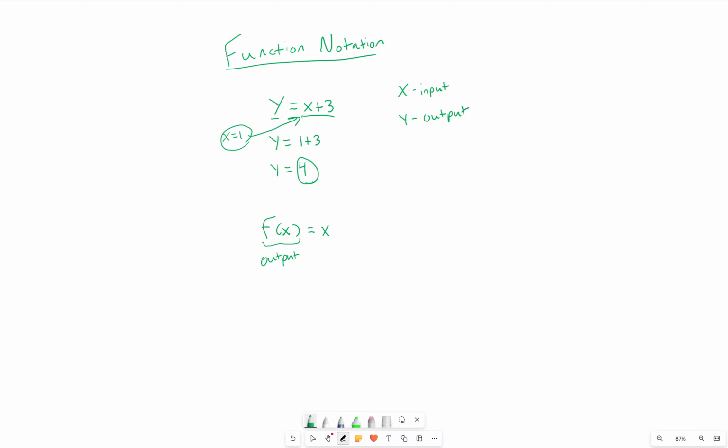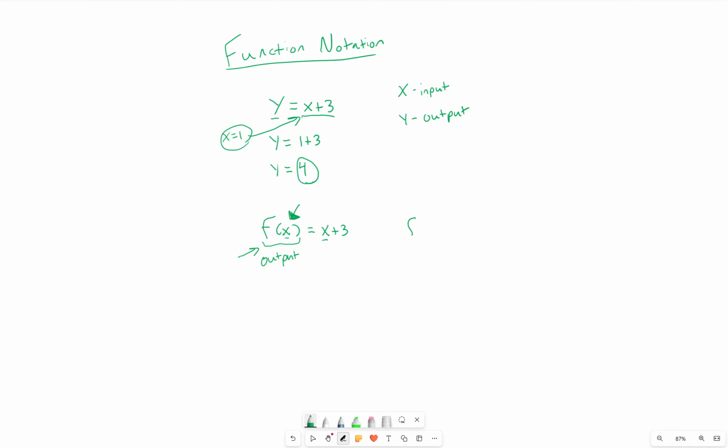The function can be the same thing, x plus 3. We're just using this new notation out front to represent the output. Why do we like that? Well, because it shows us the thing we're putting into it, an x, the thing we're plugging into the function. We're going to input some number for x, and then we change it right there with the x's.